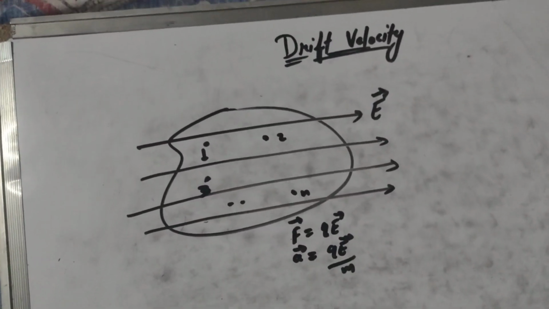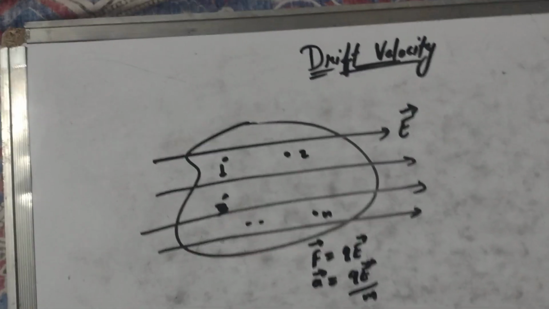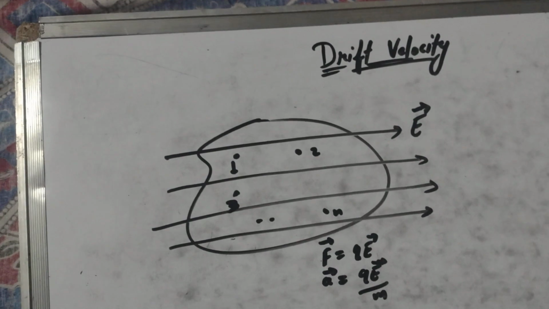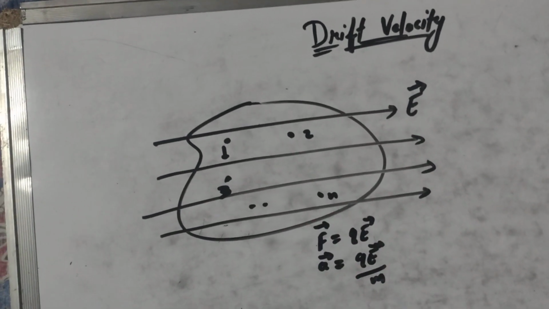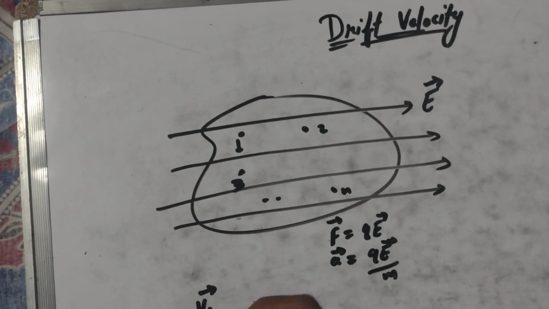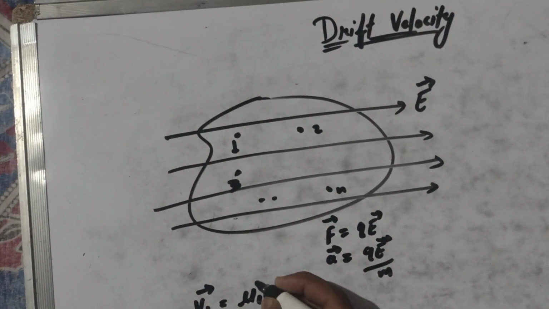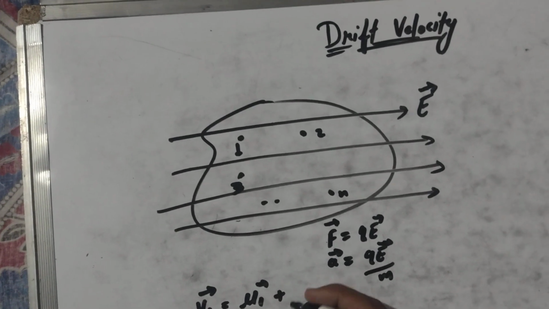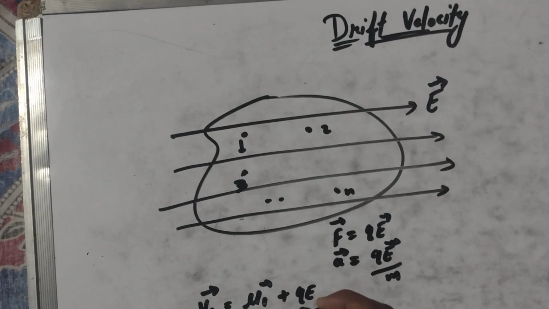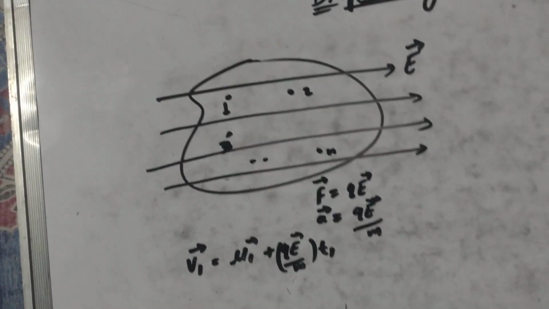Now after applying the electric field, the velocity will change because a new force is being applied on every particle, and we are trying to find the final velocities. From the equations of kinematics, the final velocity of the first particle is the initial velocity of the first particle plus at, and a is QE by m into t1.